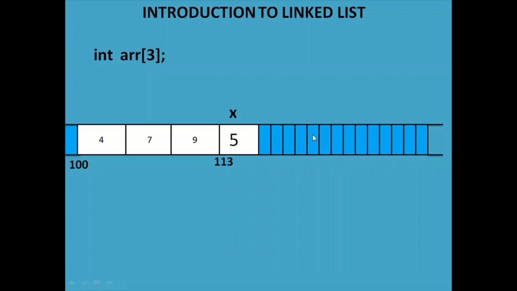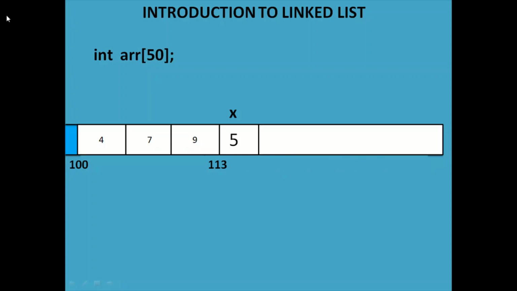Now for the safer side, I'll declare the highest. So I'll say int ARR of 50. If I say int ARR of 50, how many bytes? 200 bytes will be occupied in this manner.